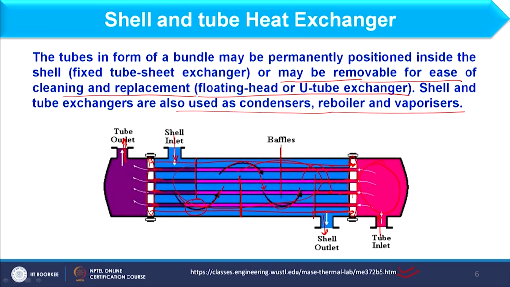Like if I am considering this space between baffle and tube sheet, first the spacer will be inserted and then the baffle, then again we provide the spacer and then the baffle. Okay. Similarly on this side. Okay. So, in this way we put the spacer on a rod and then we insert the baffle. So, this is an assembly for shell and tube heat exchangers.